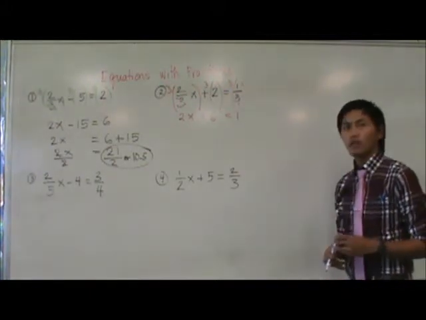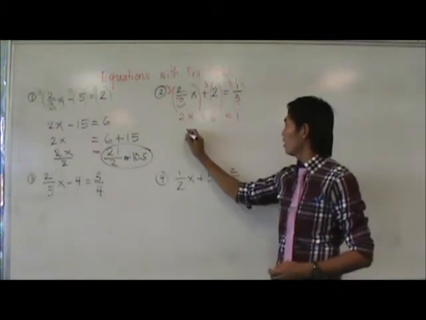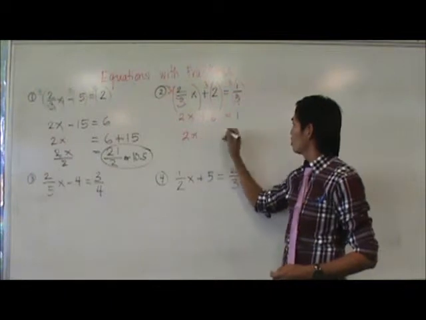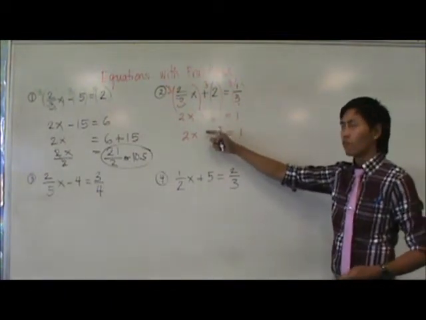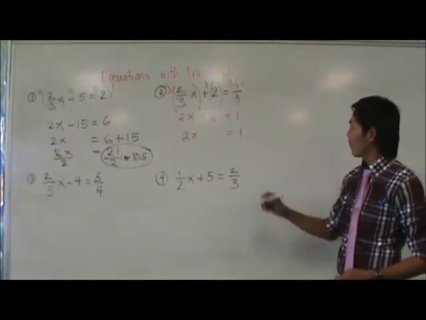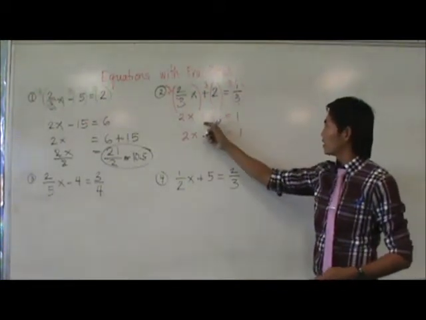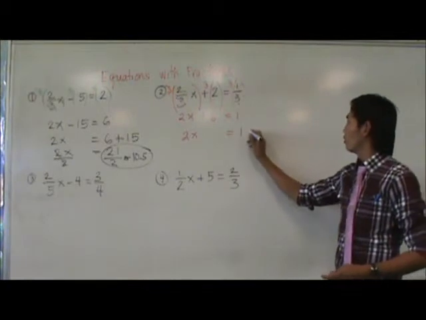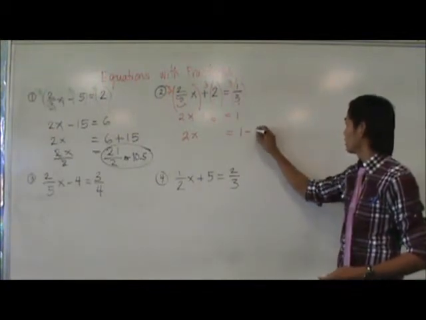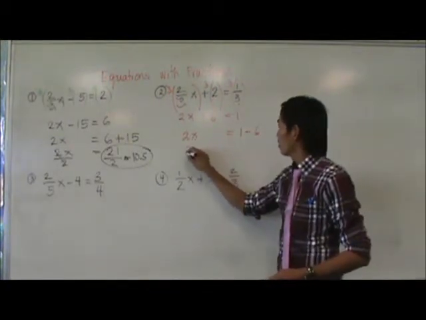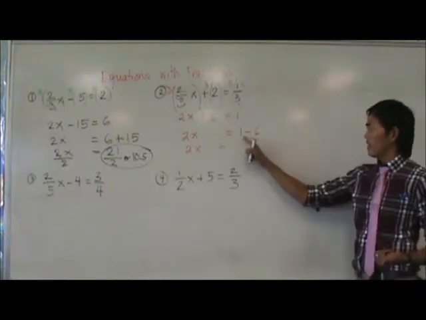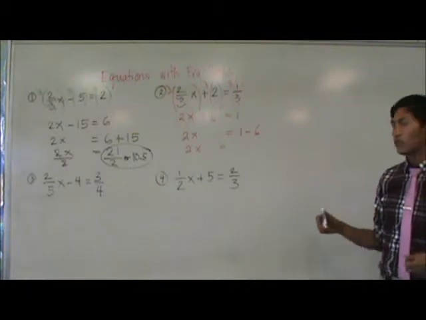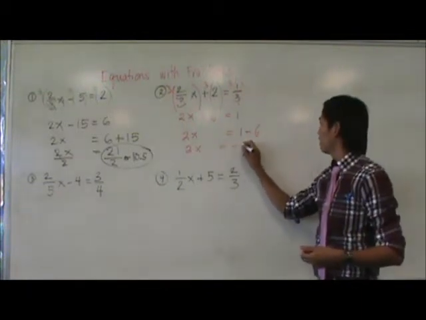Once again, we need that x alone, so we should move that 6 over the equal sign. That plus 6 will be changed to minus 6. So 2x equals 1 minus 6, which gives you negative 5.